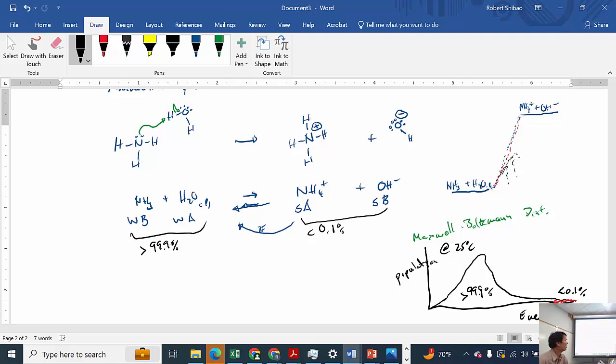If some of these ions fall back down the hill to make these molecules here, shouldn't the population decrease? It turns out it doesn't. You know why? Because you can't stop the molecular motion. At 25 degrees C, there's always going to be a small population here that's going to have enough energy to come up. So if some of these fall back down, then more will go back up.